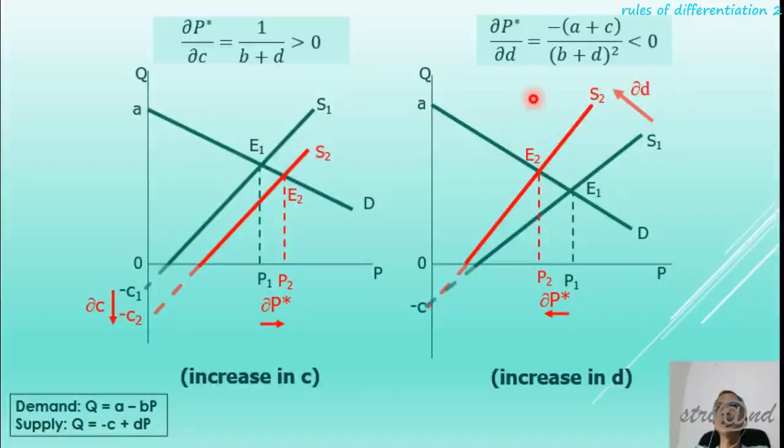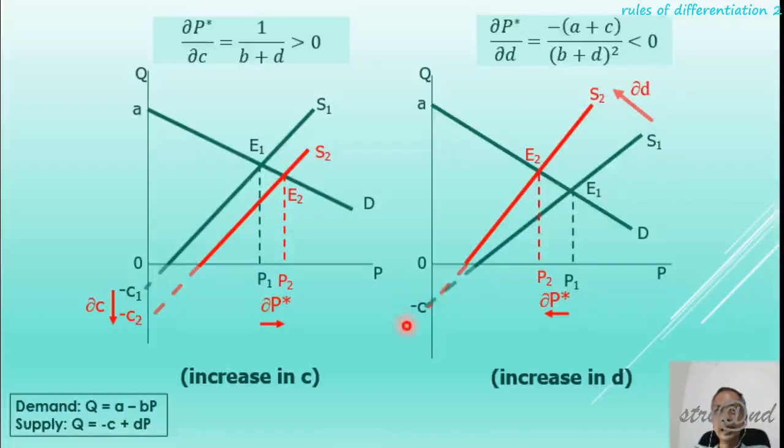Now let's move to the derivative of P star with respect to D here. D in the supply function is the slope. So when the slope increases, for example, the supply curve will become steeper. It will rotate from S1 to S2.